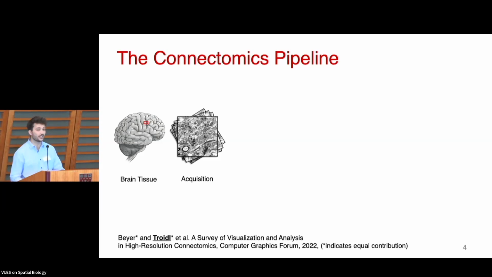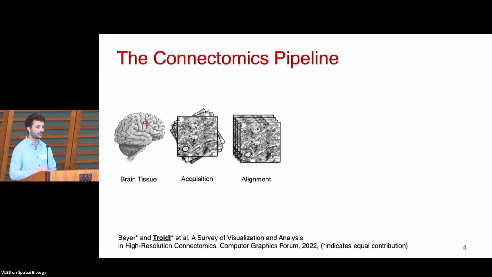And after those slices are cut, they're imaged using typically an electron microscope at about 8 by 8 nanometers resolution. And more recently, people have also been using expansion microscopy and light microscopic approaches to acquire those data sets, which is very exciting. And then as a next step, we use computer vision algorithms to align those slices into a 3D tissue volume.